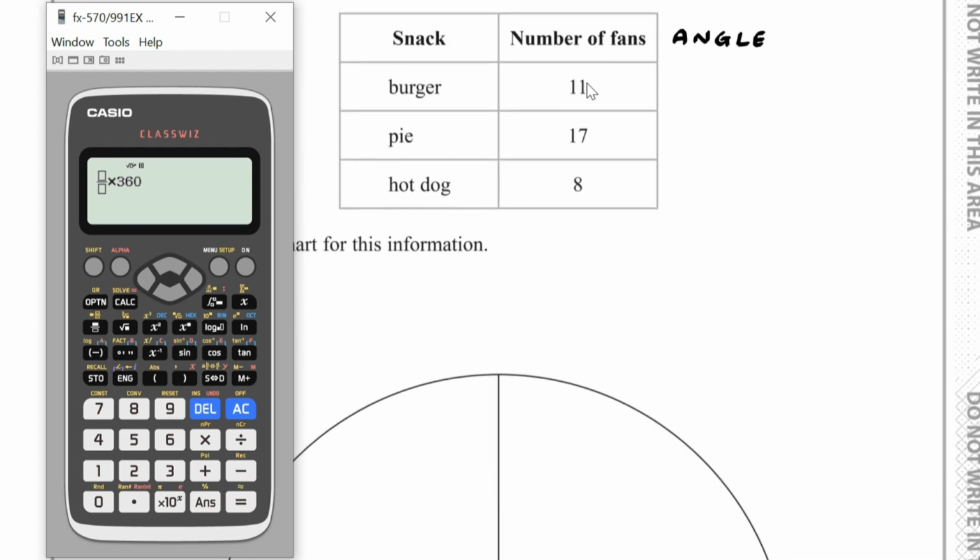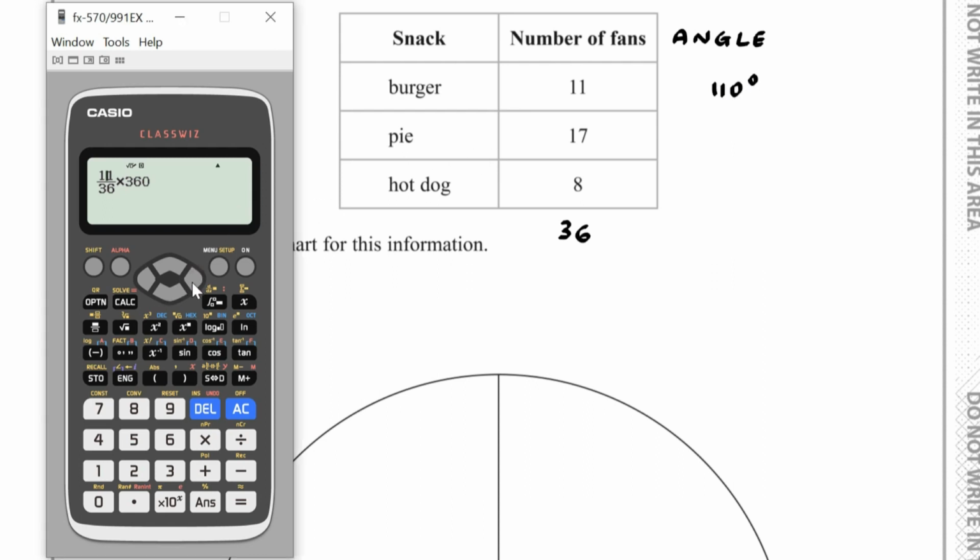Now altogether we've got 11 plus 17 plus 8, which is 36 fans in total. And of these 36, 11 like burger, so the angle represented by burger is 110 degrees.